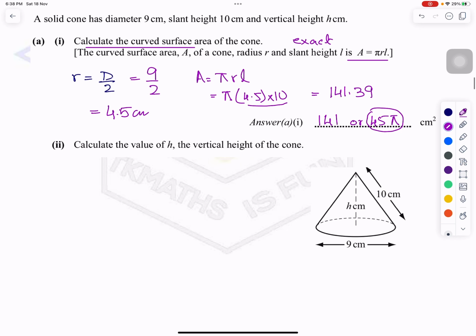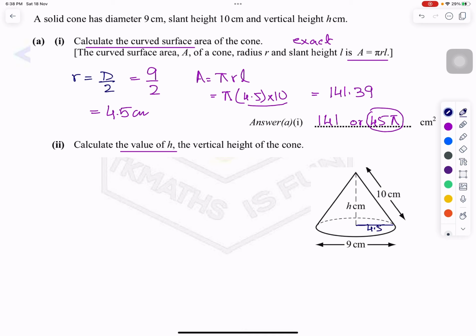Then the question says find the value of h, which is the vertical height of the cone. So what comes to your mind? How would you calculate it? It reminds you of the right angle triangle, Pythagoras theorem. This will be the radius, which is 4.5.